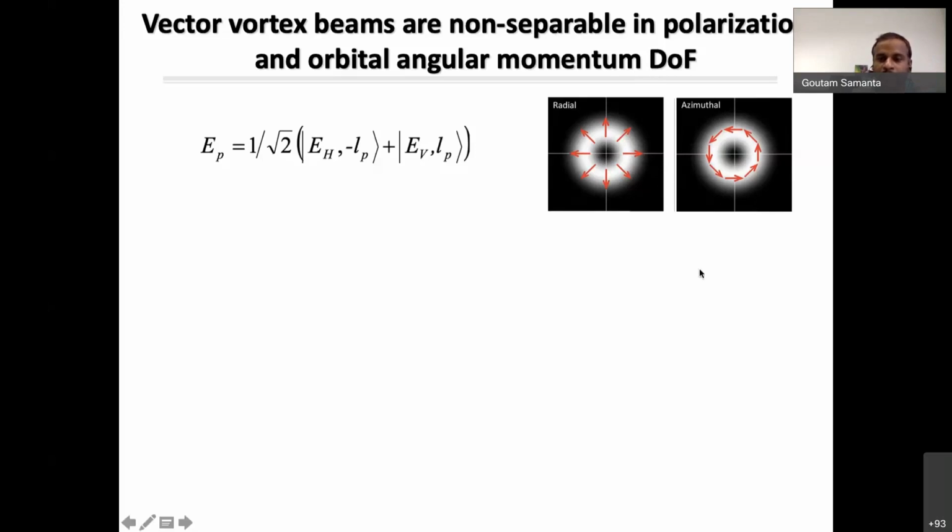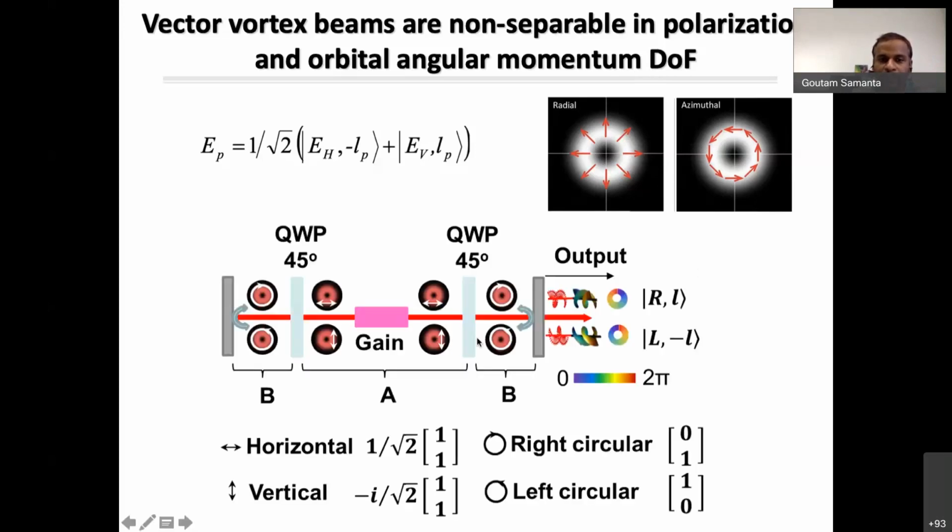For that we have used an interesting architecture, because the gain medium always handles a particular polarization. That's why, when the beam is passing through the nonlinear crystal, we keep the polarization linear, but we make the modulation of the polarization in this region.